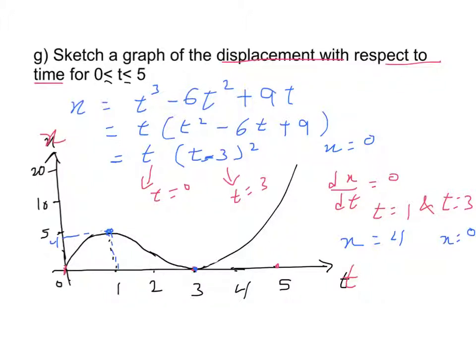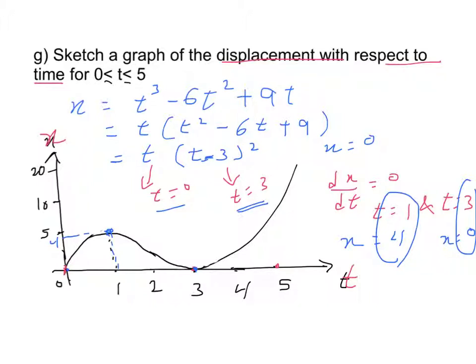So having these points makes it easier for us to sketch the curve. At these points we have stationary points, maximum and minimum, and at t equals 0, that's where it touches the time axis.